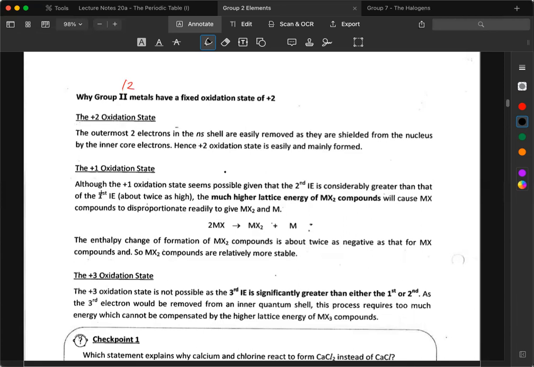The enthalpy change of formation of MX2 is actually twice as negative compared to MX. So MX2 is more stable, so 1+ is not likely because of the lattice energy.